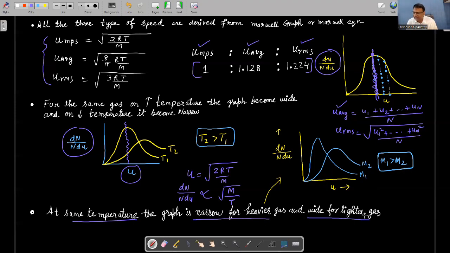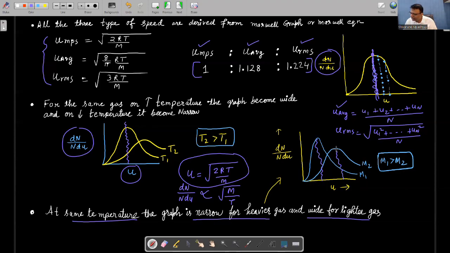For the lighter gas it will be wide because, again, this is important: this height is directly proportional to under root M by T. You already know speed is directly proportional to under root T by M. The height will be the reverse of that. It is directly proportional to under root M by T. So even if you forget about these graphs, with the help of speed you can find out which gas is heavier and which gas is lighter.